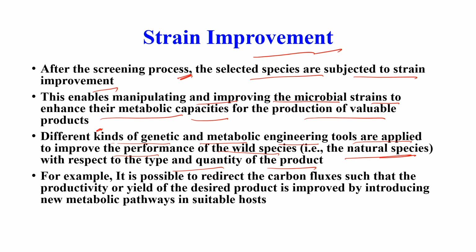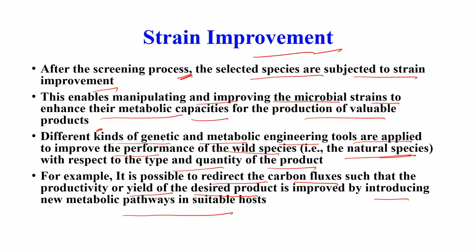In fact, it is possible to redirect the carbon flux in such a way that the productivity or yield of a desired product is improved, or you can introduce a new metabolic pathway in suitable hosts. In a metabolic pathway, a substrate is converted to one product and different byproducts.